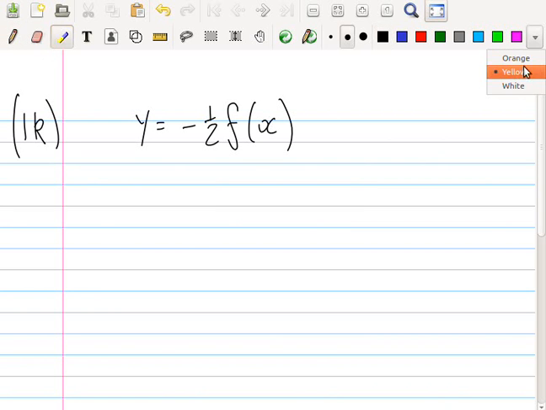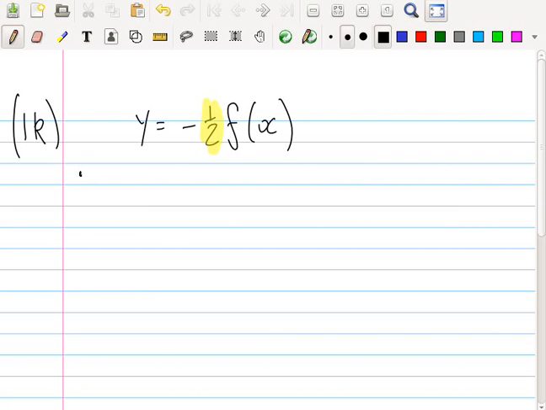So firstly, 1K in the previous lesson. If you look at the number in the front, you can see it's a half, which means the graph's height gets divided by 2.